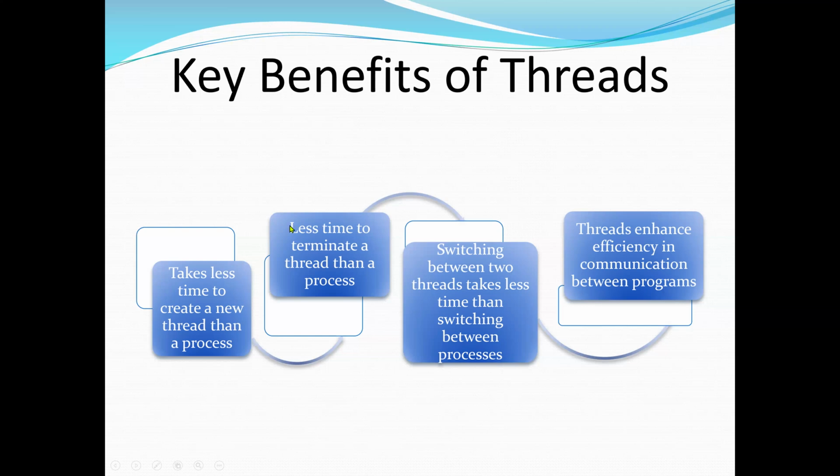One is it takes far less time to create a new thread in an existing process than to create a brand new process. Also, a study done by Mach developers shows that thread creation is 10 times faster than process creation in Unix.